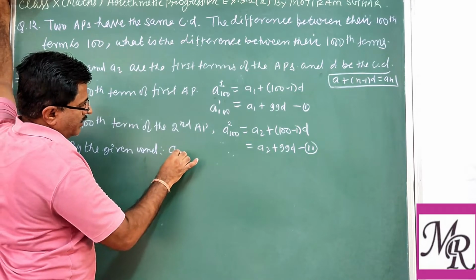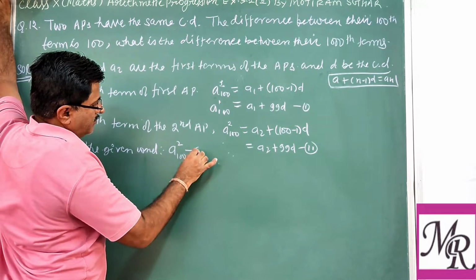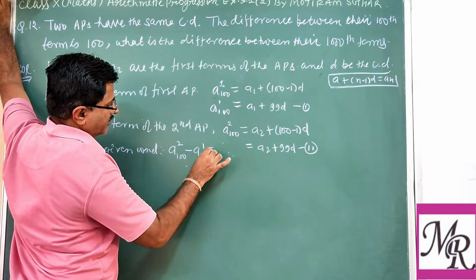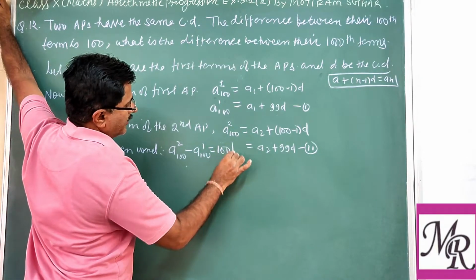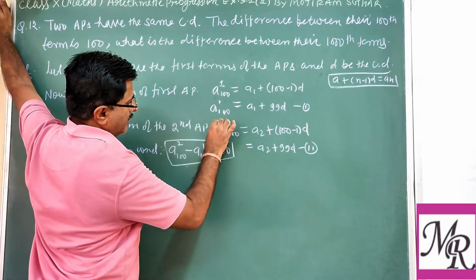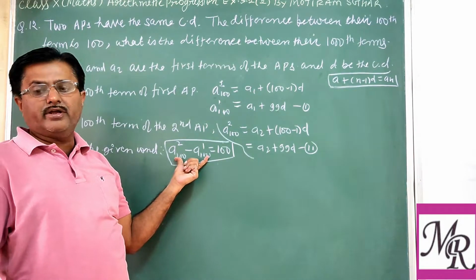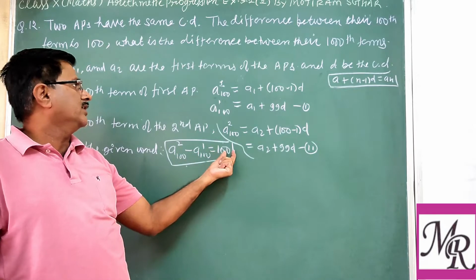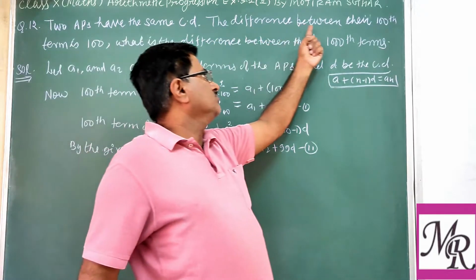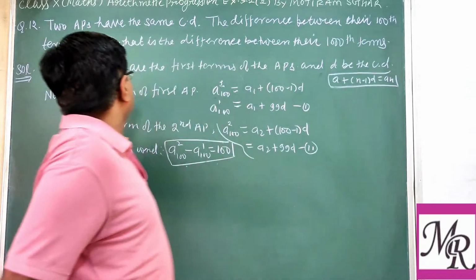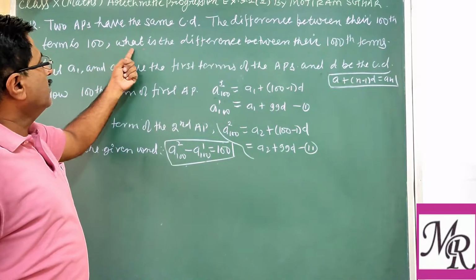The condition says 100th term of second AP minus 100th term of first, that is equal to 100. This is given. What are we given? Difference of the 100th terms of the two APs is 100. The difference between their 100th terms is 100.